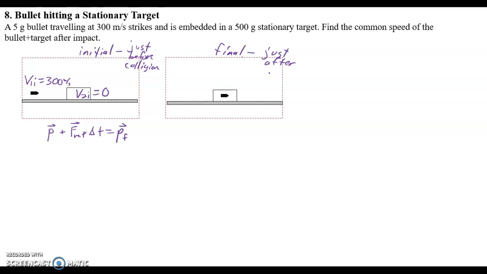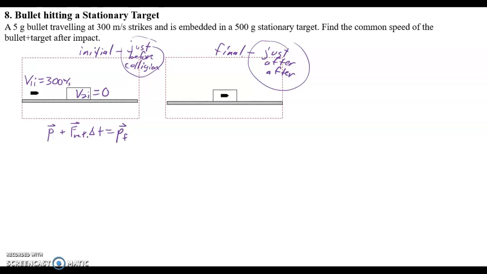You can think of it like a billionth of a second before the collision and a billionth of a second after the collision. And so therefore friction doesn't have time to really factor in. Or, if you prefer, for right now just consider it to be a frictionless table. But really, this idea of just before and just after, that's why we don't have to worry about the friction from the table.